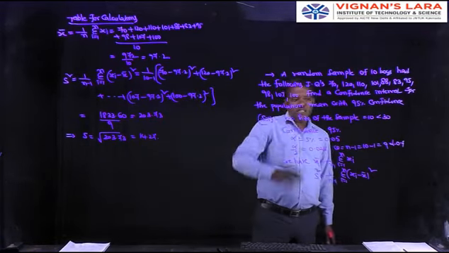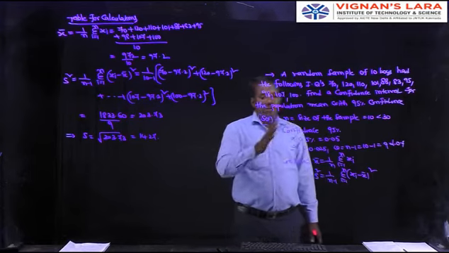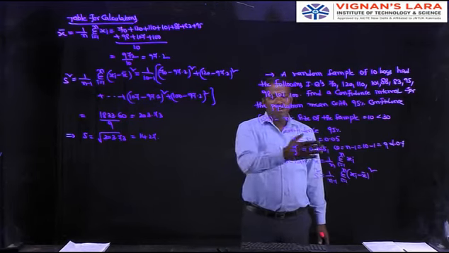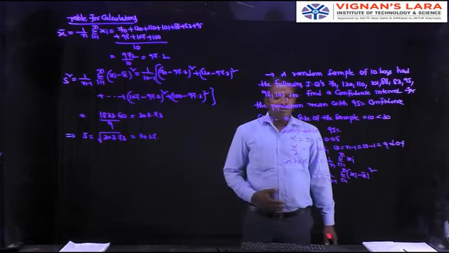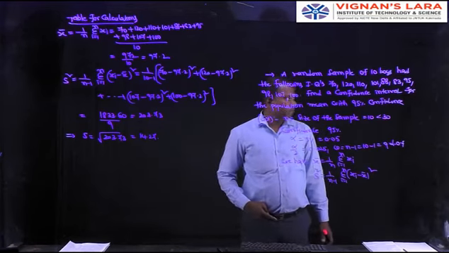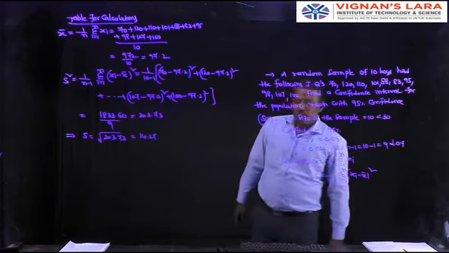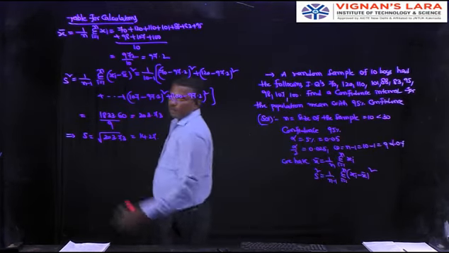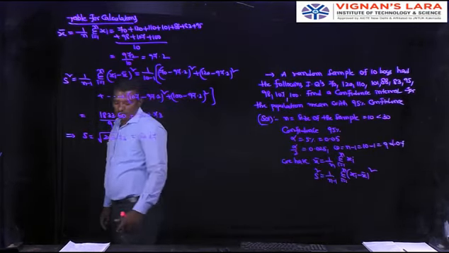First n, the size of the sample, small sample, confidence 95%, alpha 5%, alpha by 2 is 0.025, n minus 1, that is 9 degrees of freedom. Then calculate x bar and s square using the formulas. And these are the calculations of x bar and s.